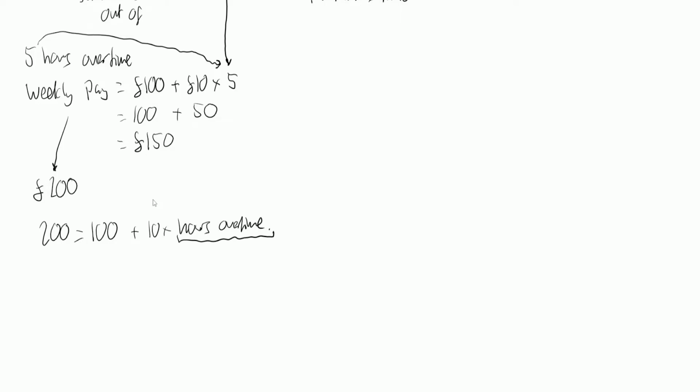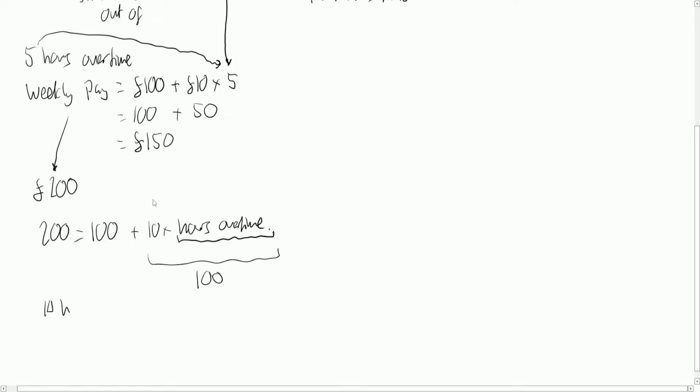Well, I have a number which is 100, and I add 10 times a number to get 200. So this second term here must equal 100, because 100 plus 100. 10 times what gives me 100? Well, 10 does. So I must have worked 10 hours overtime.